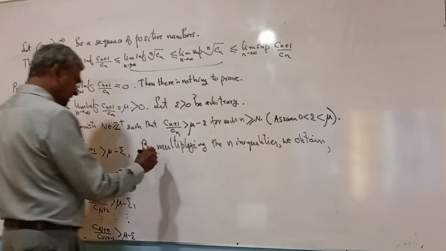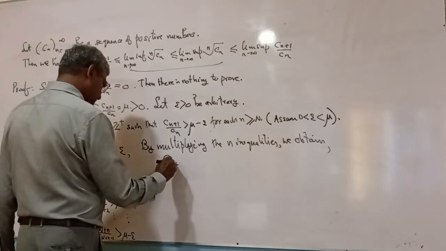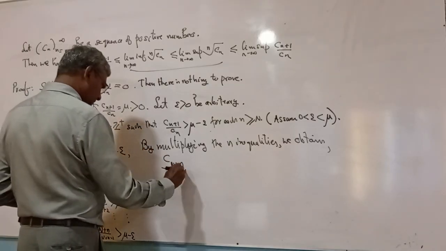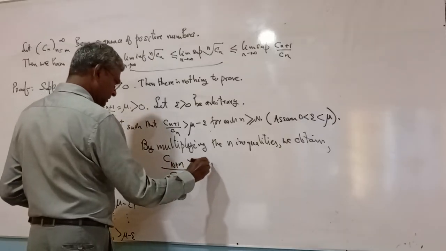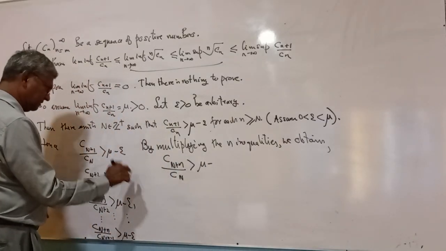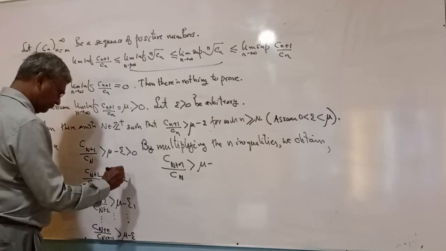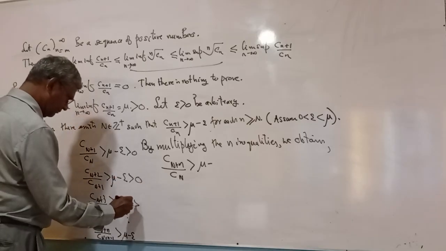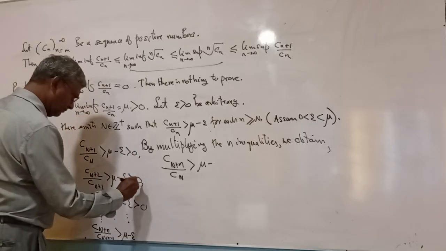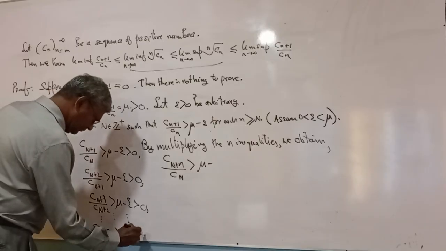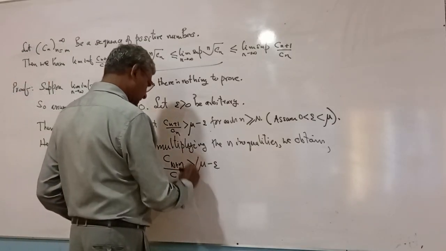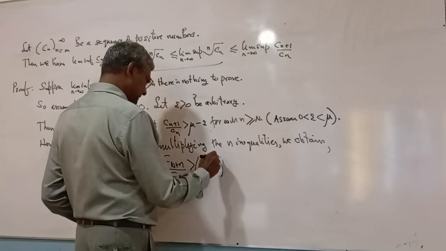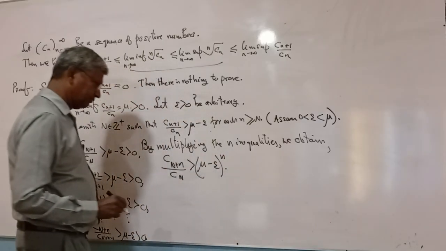Here you get C capital N plus n divided by C capital N greater than, because these are greater than 0, mu minus epsilon raised to the power n.